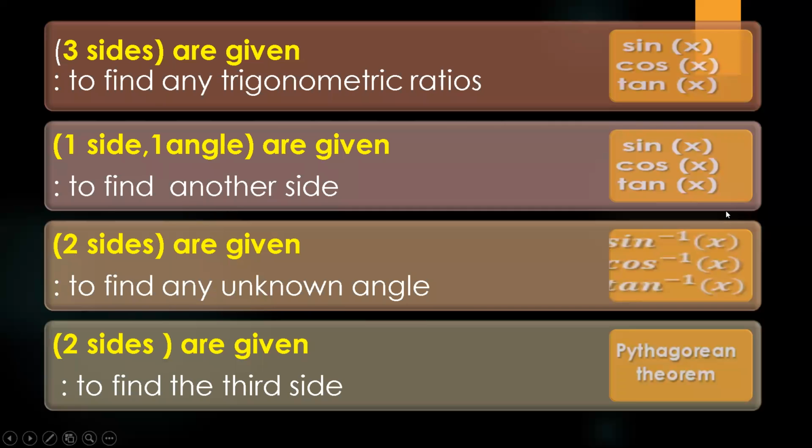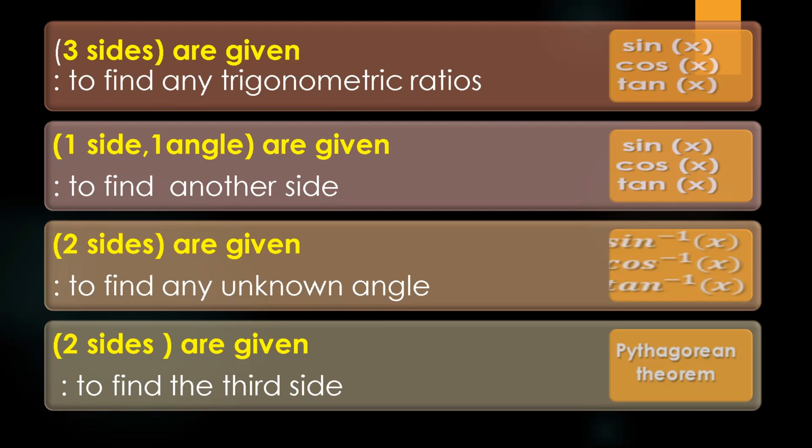Now, what did you use, cosine and so on? If you have three sides given, and you want to find any of the trigonometric ratios, it's very easy. You can find sine, cosine, and tan. But if you have one side and one angle, and you need to find the other side, you need to use sine, cosine, or tan.